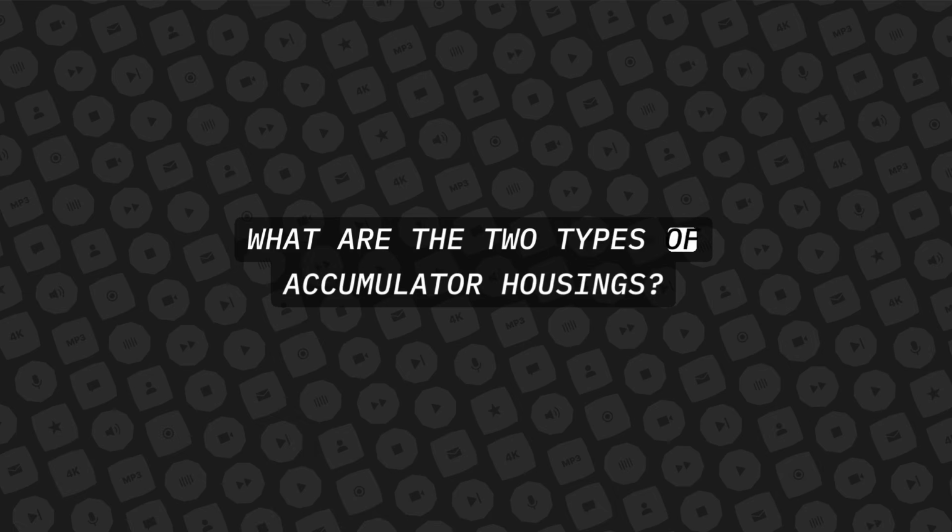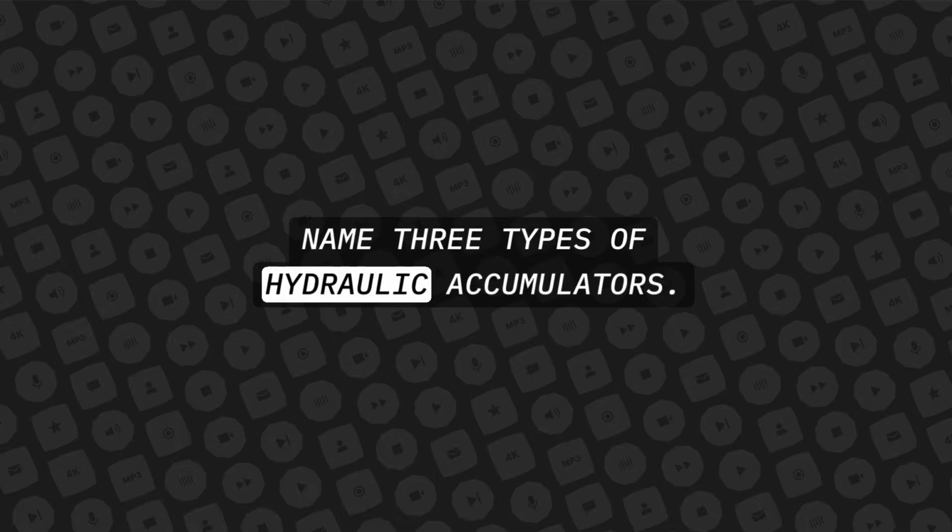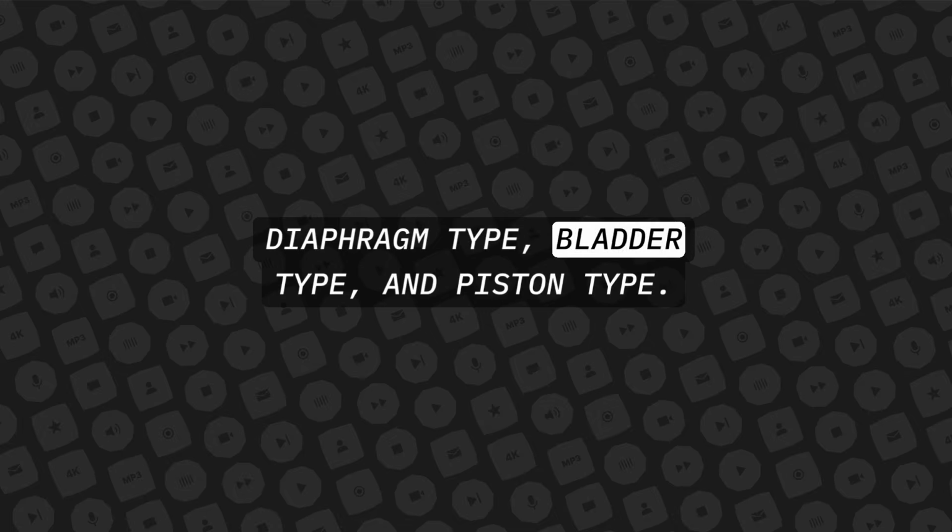What are the two types of accumulator housings? Spherical and cylindrical. Name 3 types of hydraulic accumulators. The diaphragm type, bladder type, and piston type.